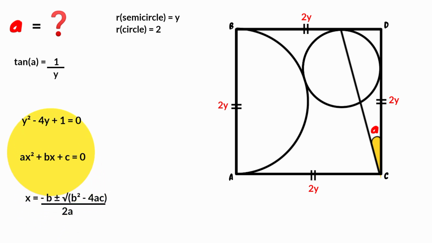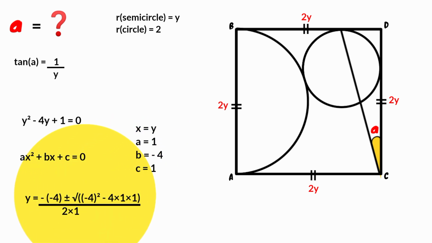Comparing this equation to this, we obtain x equals y, a equals 1, b equals minus 4, and c equals 1. Substitute it here. So y equals minus into bracket minus 4 plus or minus root of minus 4 all squared minus 4 times 1 all over 2 times 1.